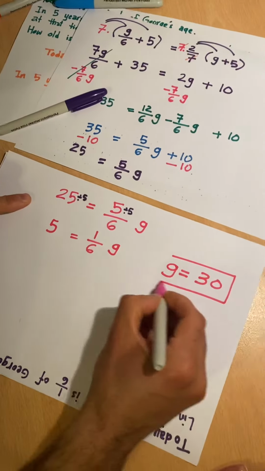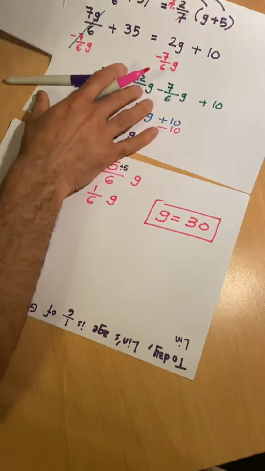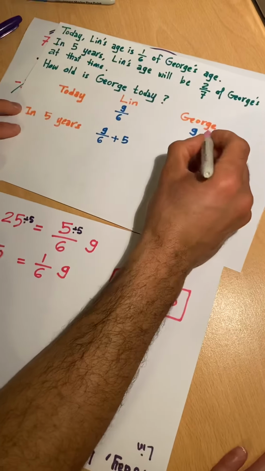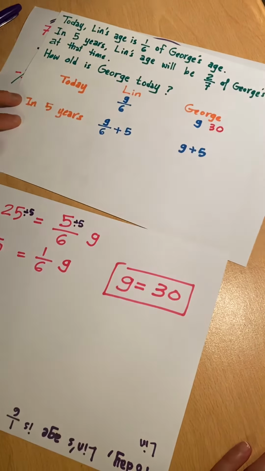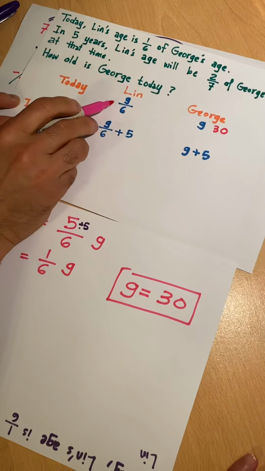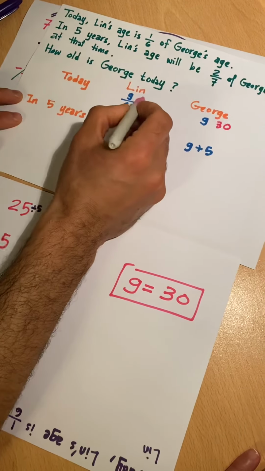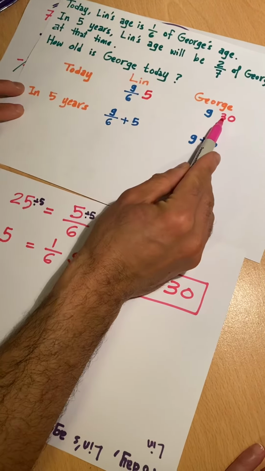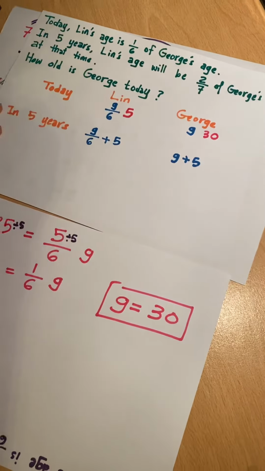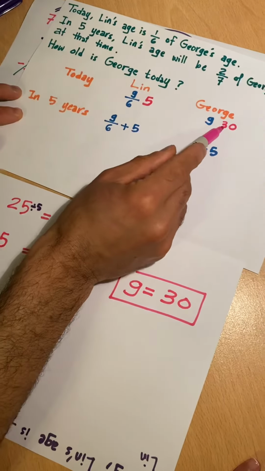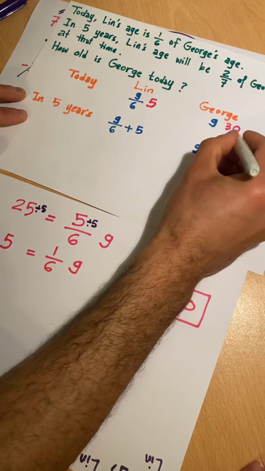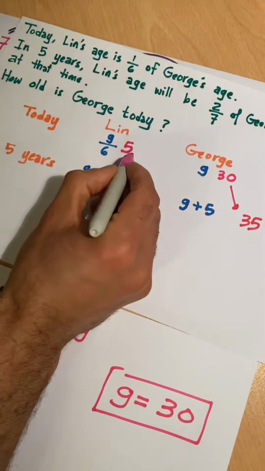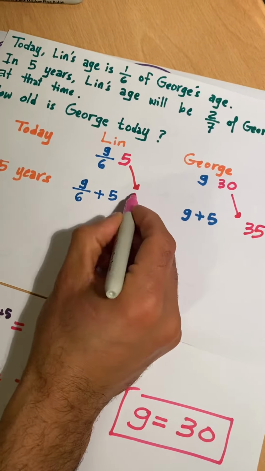So what do we know? Let's translate what that is and check. If George is 30 years old today, Lynn is 1/6 of that, so Lynn is 30 divided by 6, which is 5. So George is 30 years old, Lynn is 5 years old. In 5 years from now, George will become 35 and Lynn will become 10.